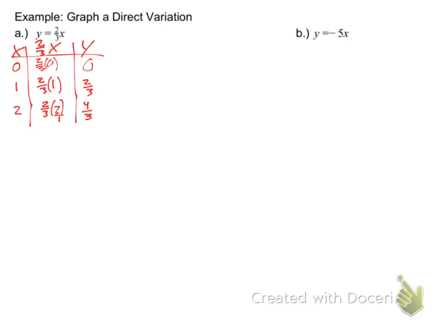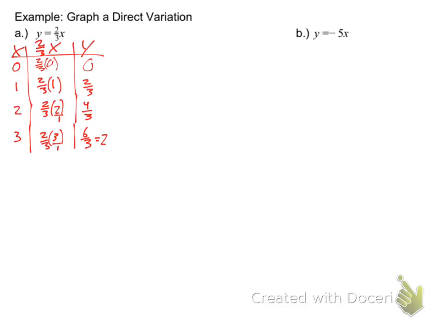So it gives 4/3. Man, those are not so nice numbers, are they? Let's go with 3. 2/3 times 3. Yeah, it's 6/3, right? Wait a minute, 6/3? It's 2. That's nice.